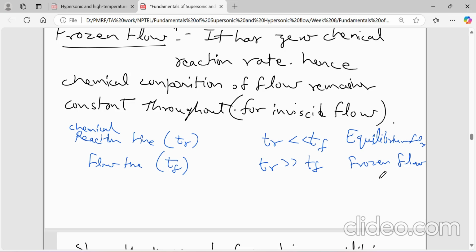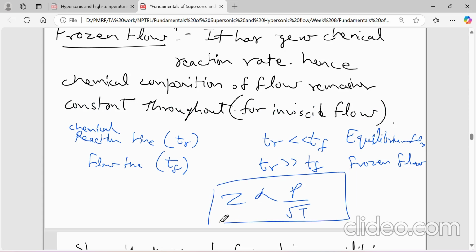For an infinite chemical reaction rate, the collision frequency should be very high, but it depends on pressure and temperature, so it cannot be infinite.